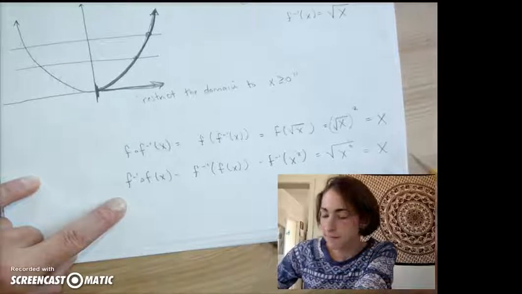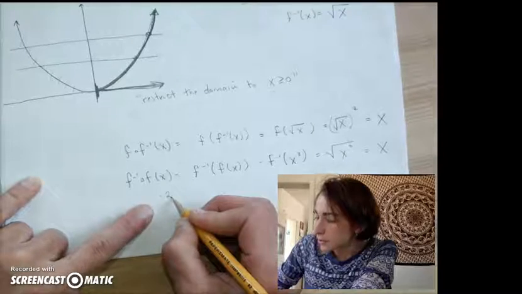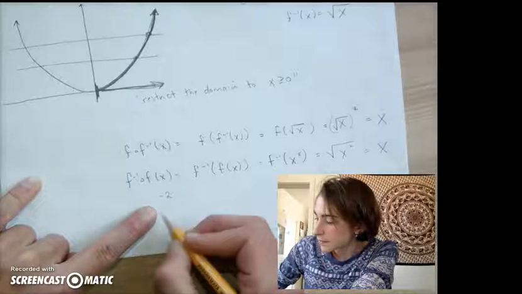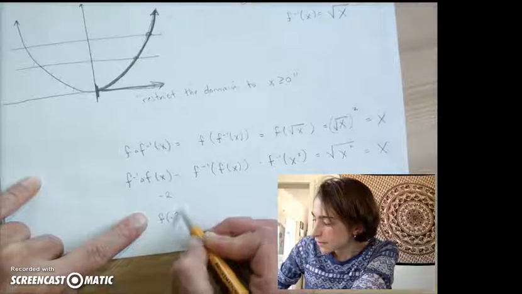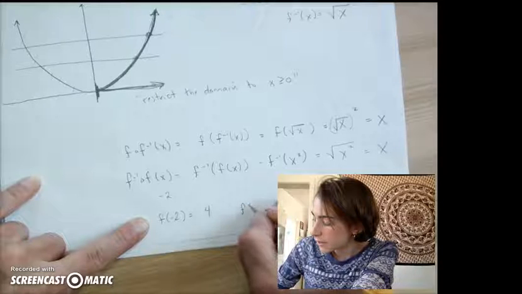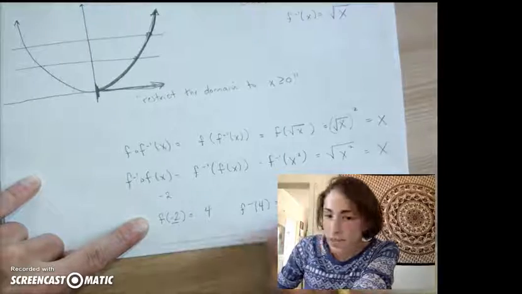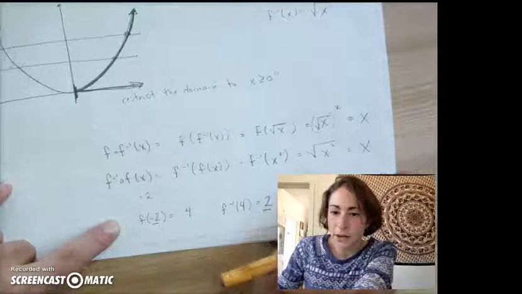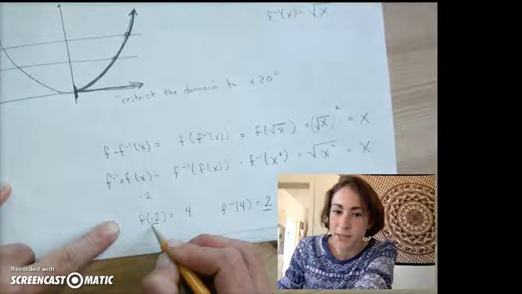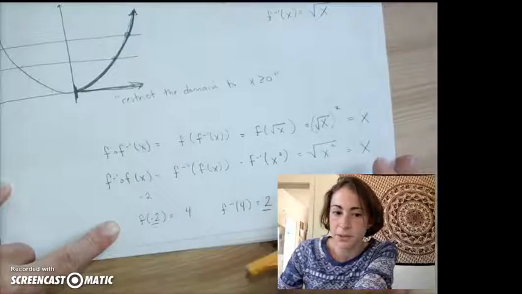For example, if we plugged in -2, which we're not allowing, I would get f of -2 is 4, and f inverse of 4 is 2. So what I plugged in would not be the same as what I got out, but since I'm restricting to positives, I would never plug -2 in the first place. I'd only plug in something positive, and I would get that positive number back out after doing the composition.